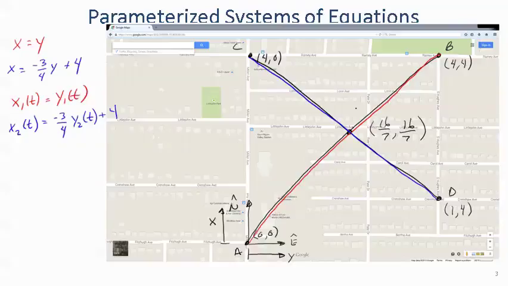So to look at velocity, we parameterize our system of equations that describe each of the lines that describe the paths that we would be flying from points A to B and point D to C, and we parameterized our position as a function of time, so we'd be able to look at velocity.